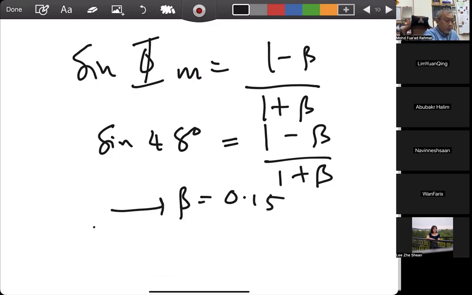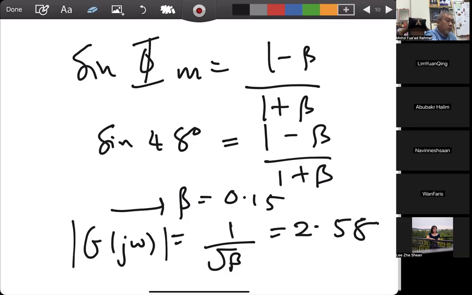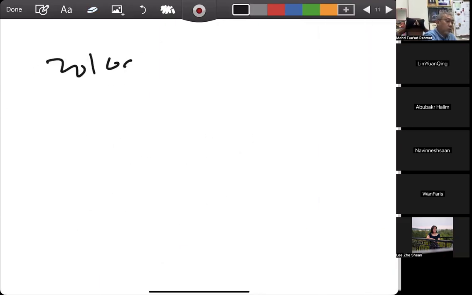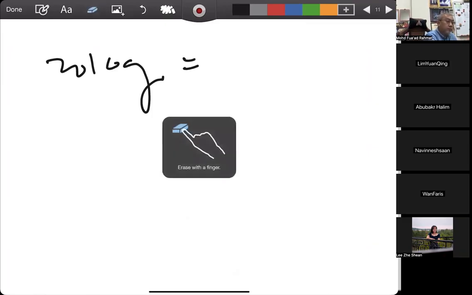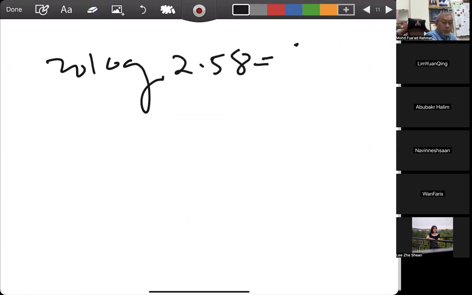And then at j omega, 1 over square root of beta, which is 2.58. We have 20 log 2.58, so you will get 8.24 decibel.